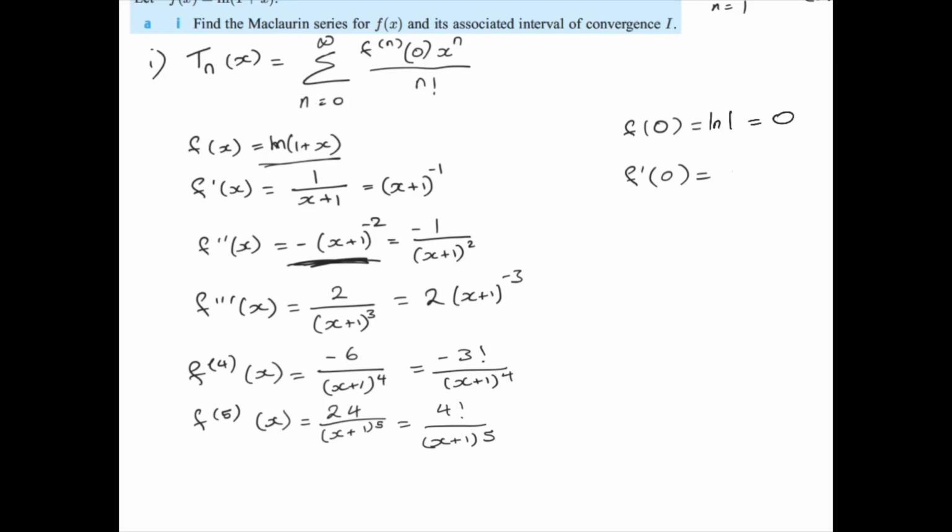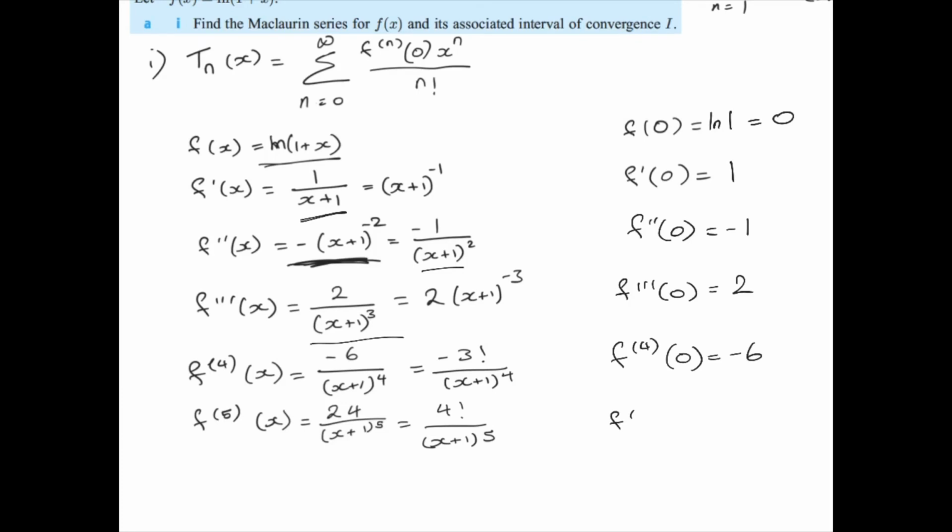What's f' of 0? Use the fraction ones, they're easier. 1. What's f'' of 0? What's f''' of 0? 2. What's the fourth derivative of 0? Negative 6.